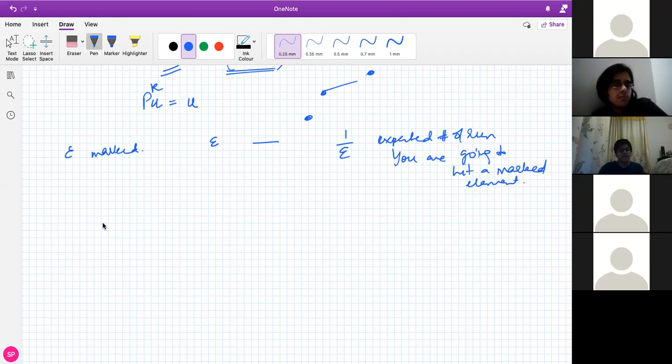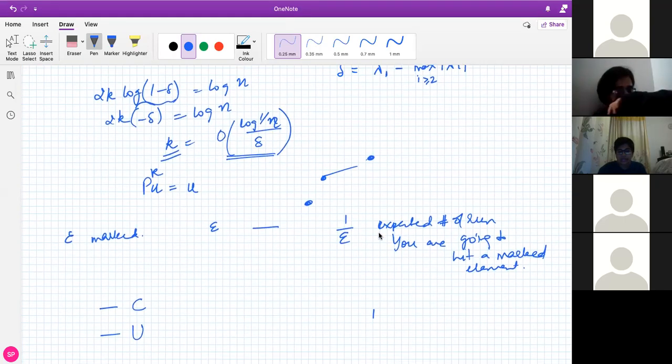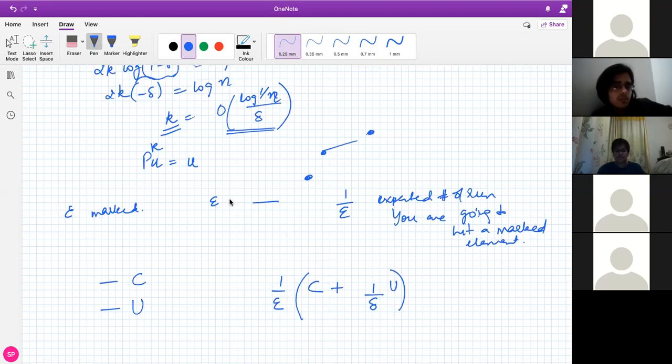Say the cost to check a marked element is C, and the cost of applying this P is U. You apply this K times, and K is of order 1 by delta, so you have around 1 by delta applications of U, and you have checking cost as C. And this whole process you do 1 by epsilon number of times, because the probability of hitting a marked element is epsilon. And the last thing that you have is the setup cost.